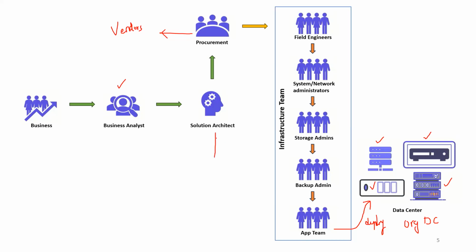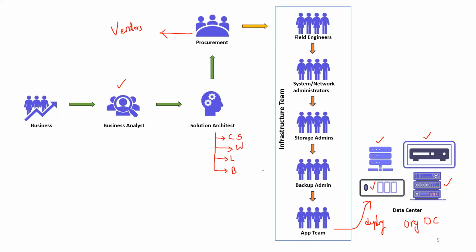The architecture diagram is a plan with all the specifications, such as the count of servers, backend servers, front-end servers, web servers, load balancers, as well as the backend databases, everything that is needed for your application to be deployed. Whatever he mentions in the solution architecture design, all of that infrastructure has to be available in the organization data center.